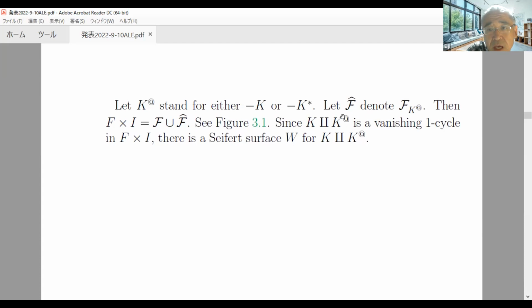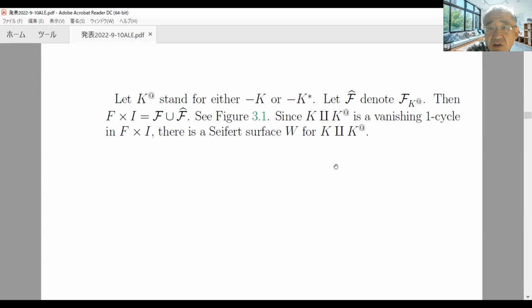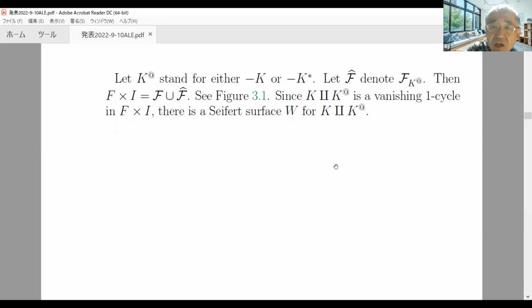K and K-hat is a vanishing Wien cycle by the definition. There is a Seifert surface W for K and K-hat. This is an idea, our idea. This is a crucial idea.